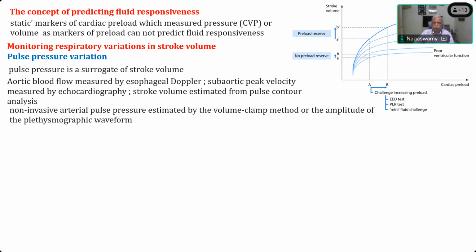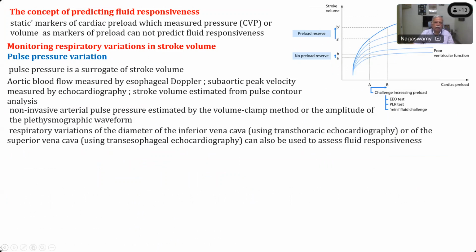So even if you are not putting in a PA catheter, you can roughly measure the stroke volume by looking at the pulse plethysmographic arterial waveform. And the respiratory diameter variations of the IVC, measured using transthoracic echocardiography, or the superior vena cava using transesophageal echocardiography, can also be used to assess fluid responsiveness.